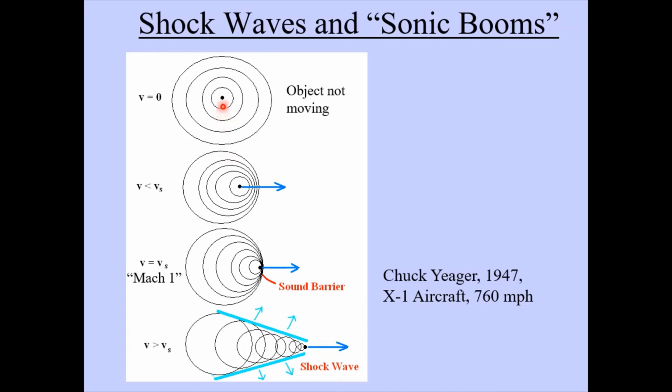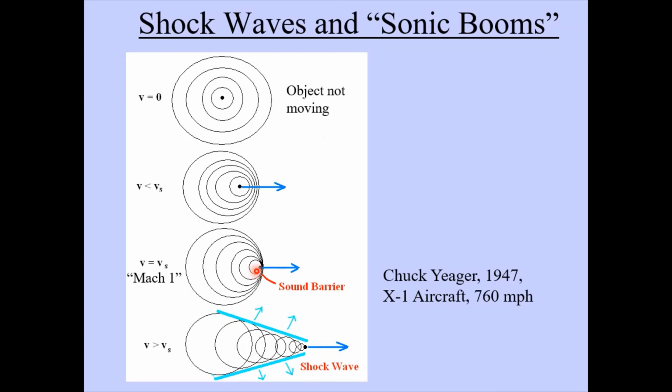Now, if the object starts moving to the right, like in this picture, what we've got now is the Doppler effect. We see the sound waves bunched up in front and spread out behind. And this holds as long as the speed of this object is less than the speed of sound. But as this object gets closer and closer to the speed of sound, it eventually reaches the speed of sound, which is called Mach 1.